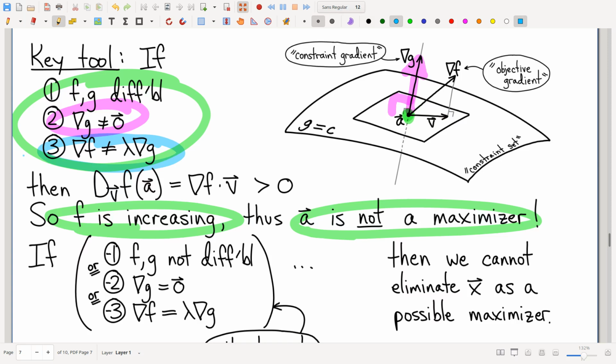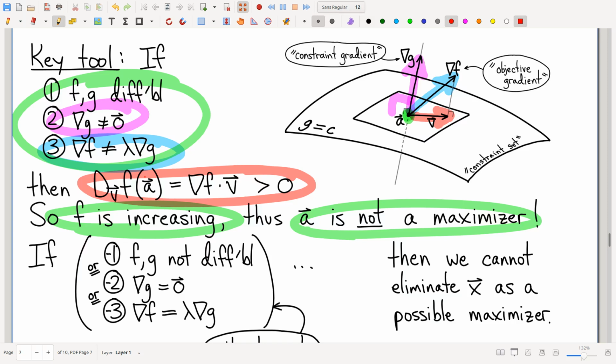This tells me that the gradient of f is not pointing in that same direction. The gradient of f has to be pointing off of the perpendicular. And if it's pointing off of the perpendicular, then it has a shadow. And in the direction of that shadow, to make a geometric appeal, this is an acute angle. Right? And so therefore this dot product is positive, and that means the function is increasing, and that can't be a maximizer. Does that make sense to everybody?